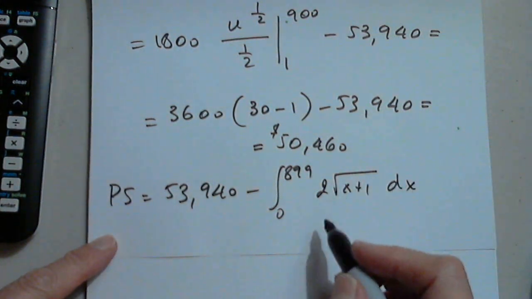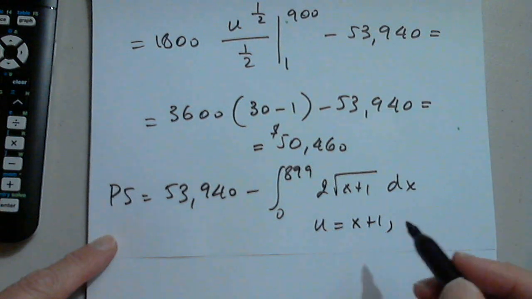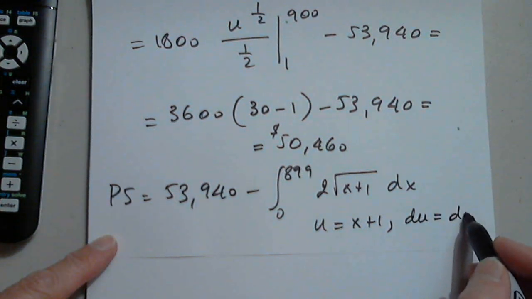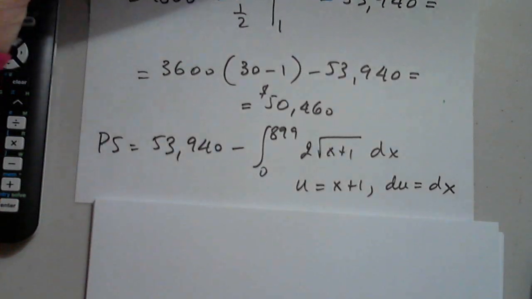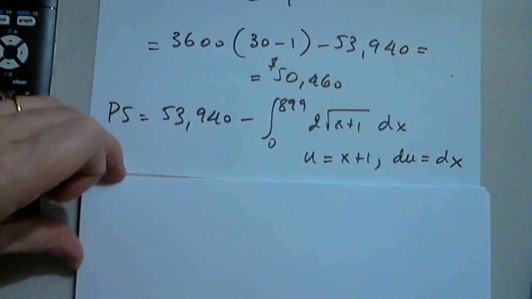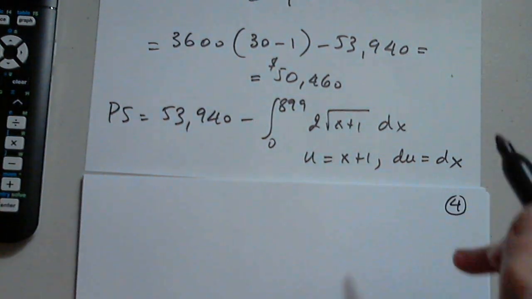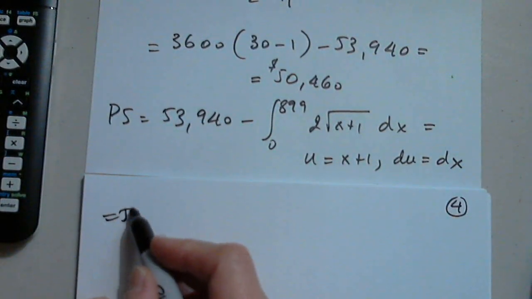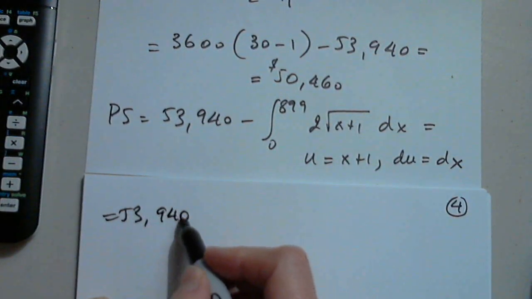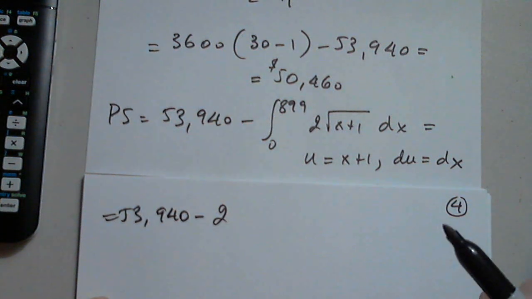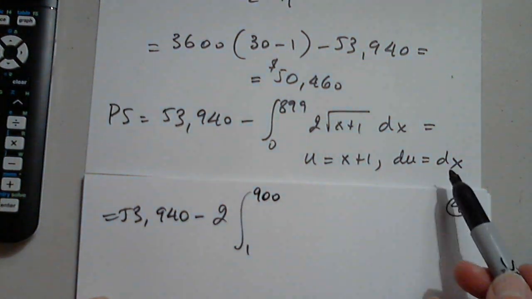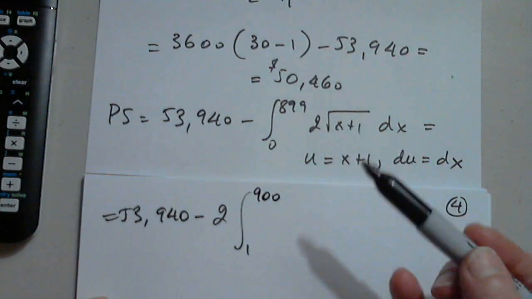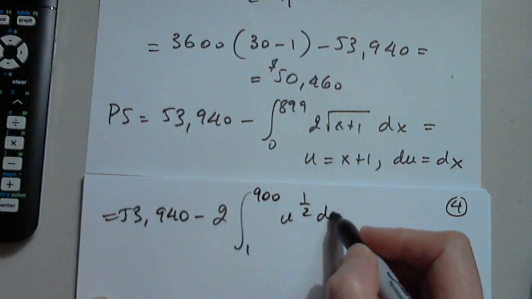I will use the same substitution, u equals x plus 1, and du equals dx. Again, the same limits 1 to 900, and this is the square root of u, so u to 1/2 du.